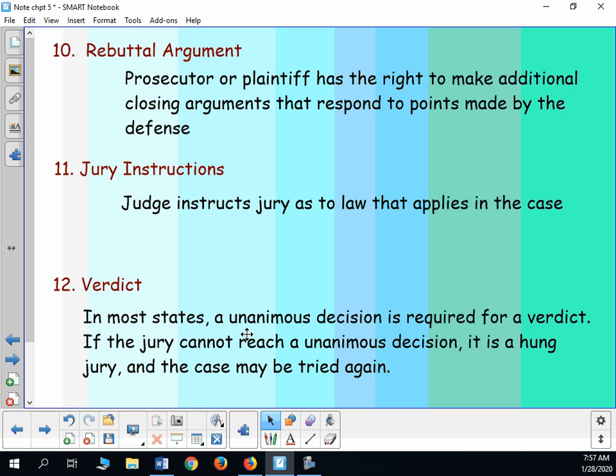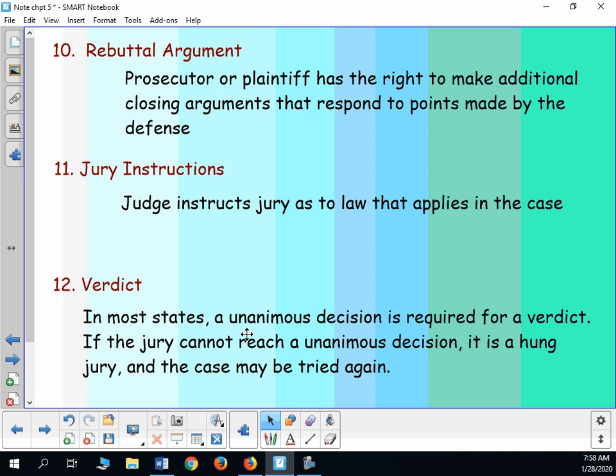The jury is sitting there, and the judge then instructs the jury as to the law that applies to the case. The judge is very specific on what laws are identified as having been either broken or apply to the case in some way or another, and then tells the jury, go and make your decision.